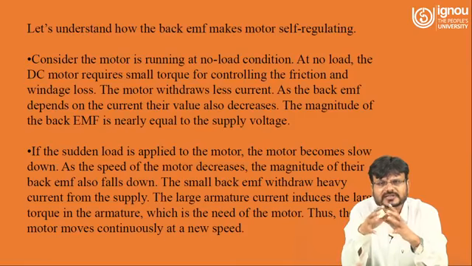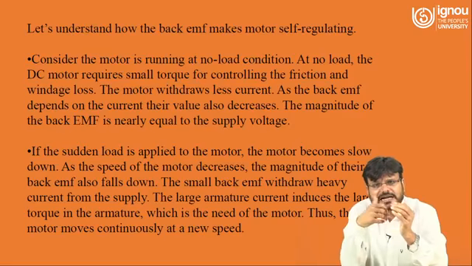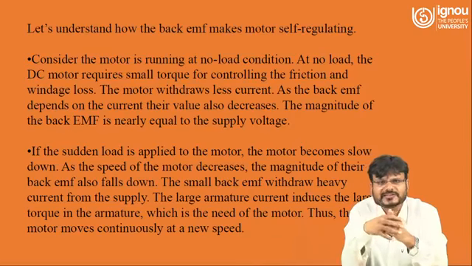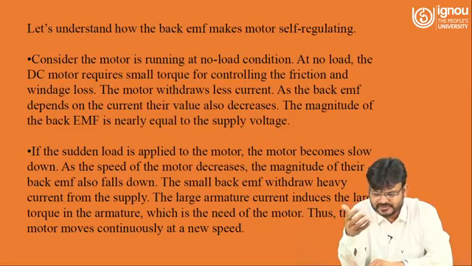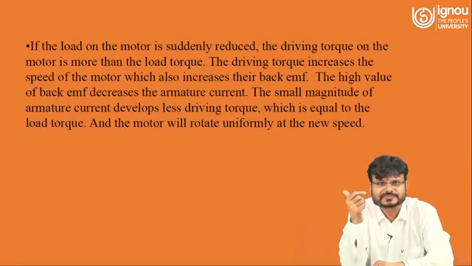The small back EMF draws heavy current from the supply, as I already told you. This large armature current produces a large torque in the armature, which is the need of the motor. So the motor continues to run at a new speed. So you can understand that the back EMF acts as a governor of the DC motor.